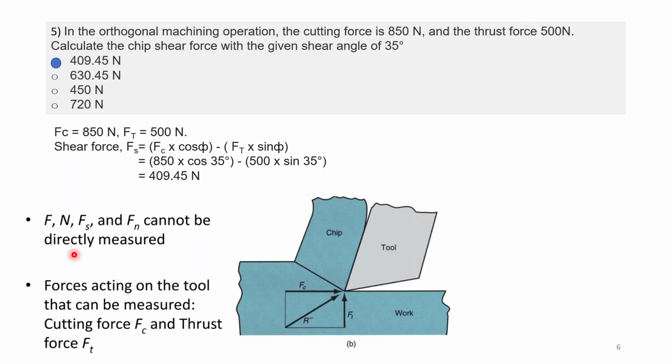These are given in terms of the cutting force and thrust force, which can be calculated, and also the shear angle. The forces acting on the tool that can be measured are the cutting force and thrust force, so all formulas are given in terms of these two forces.